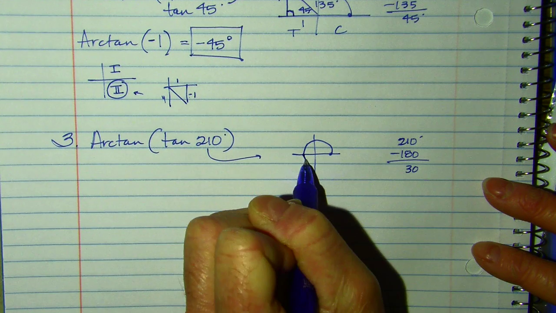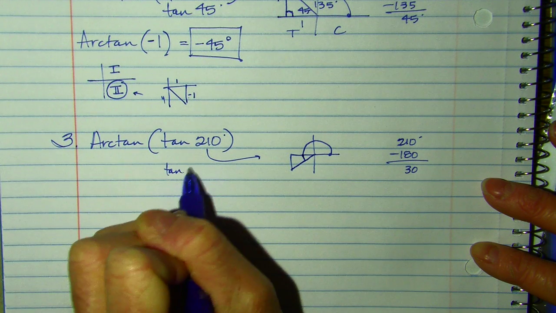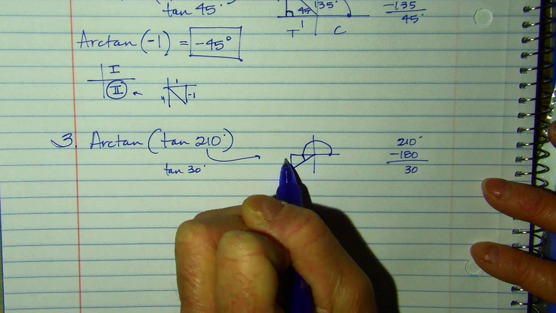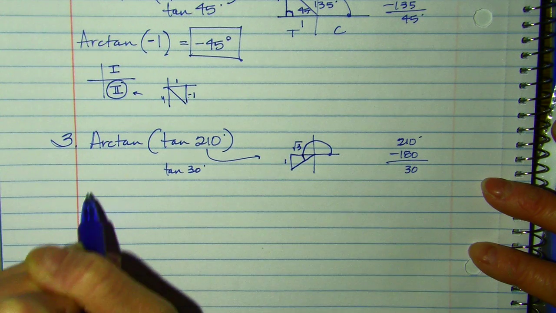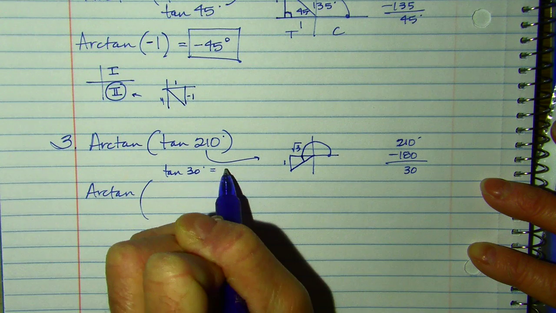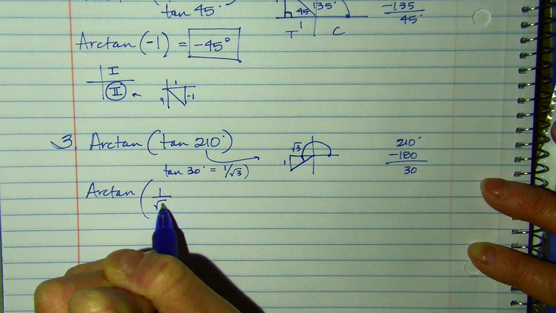So I'm 30 degrees down here. So I'm actually evaluating the tangent of 30 degrees. So if this is 30, this is 1, this is root 3. So the tangent of 30 is 1 over root 3.